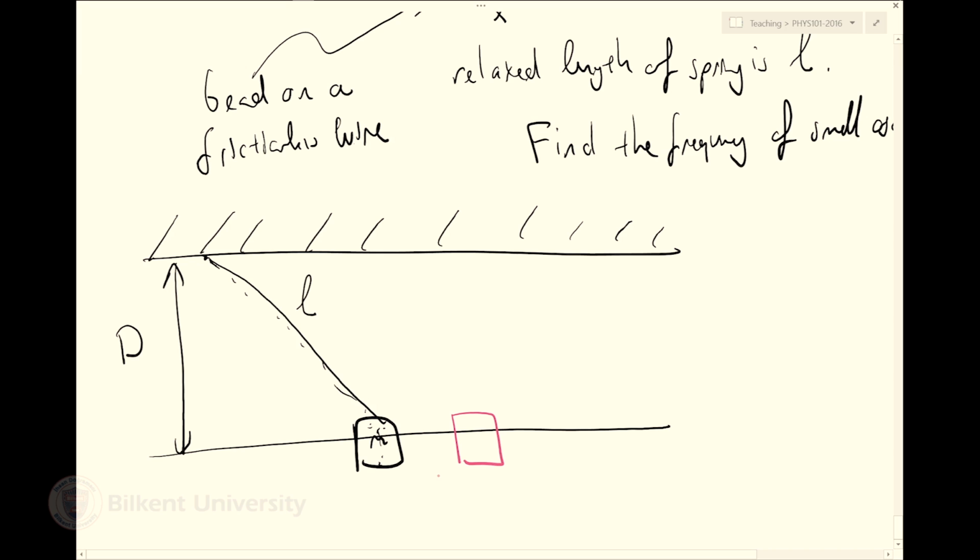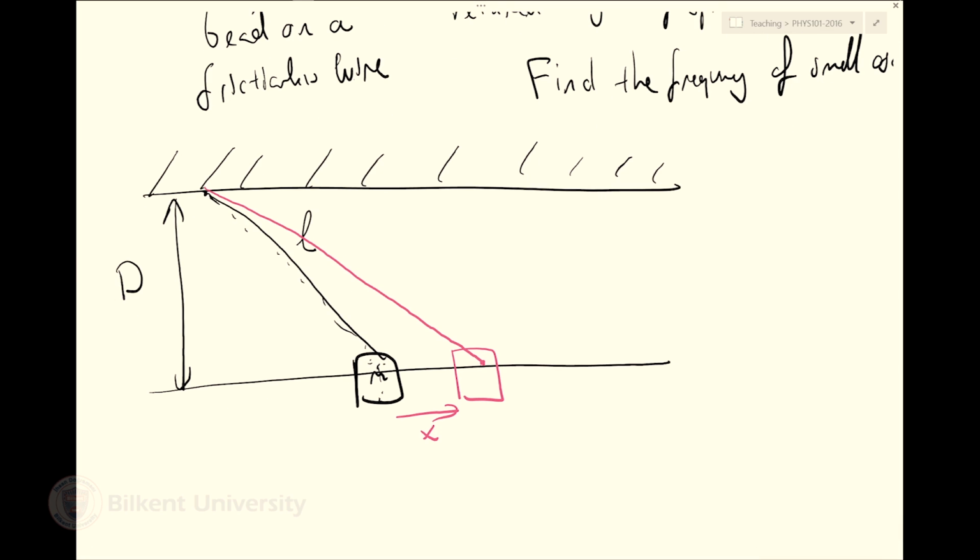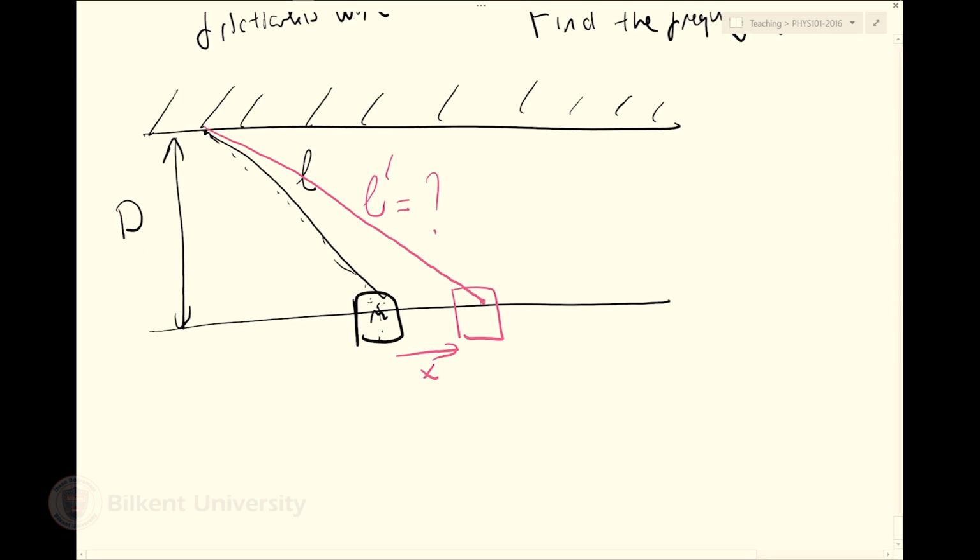Now I have moved by a distance x. Right. So I need to find the new length of the spring, right? So what's the new length of the spring?